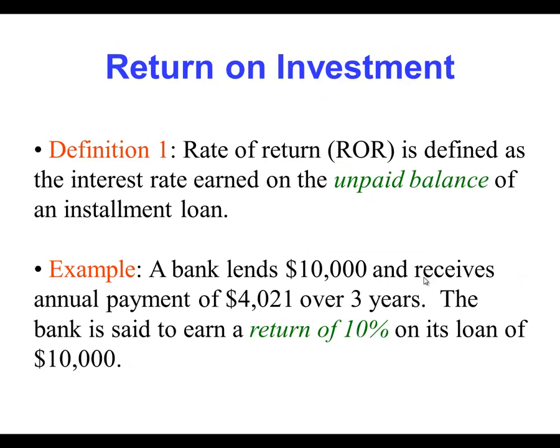The rate of return, also referred to as the return on investment, could be defined as the interest rate earned on the unpaid balance of an installment loan. For example, if a bank lends you 10,000 and receives annual payment of $4,021 over 3 years, the bank is said to earn a return of 10% on its loan of 10,000.